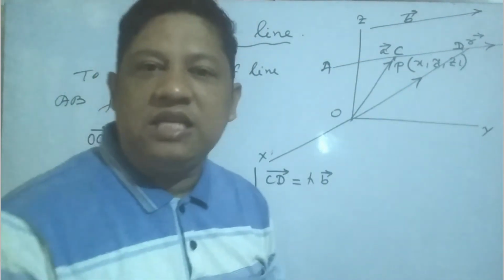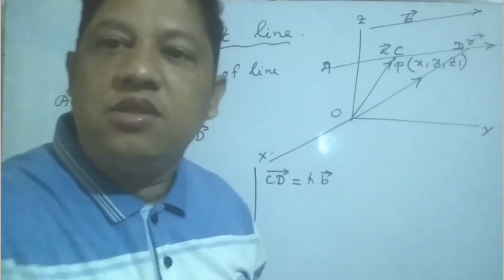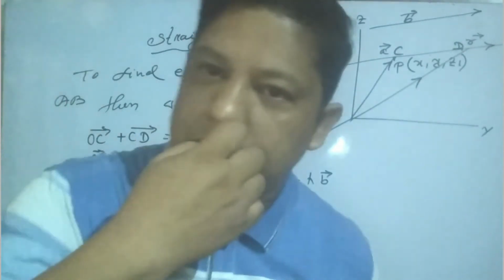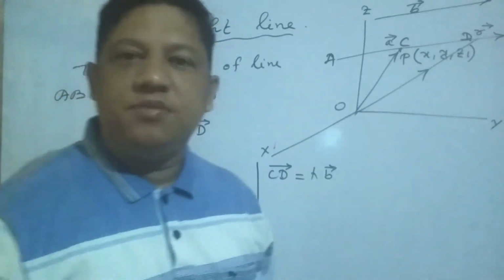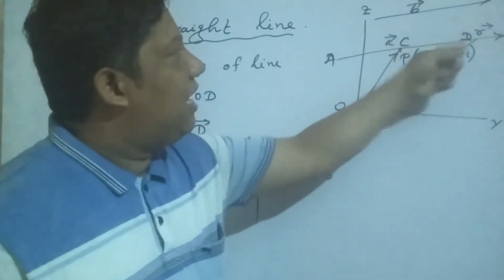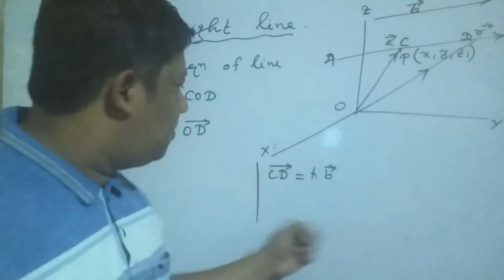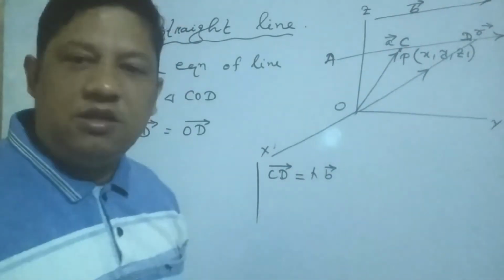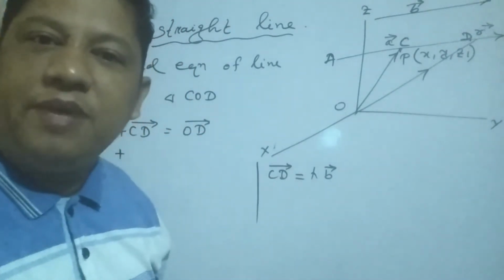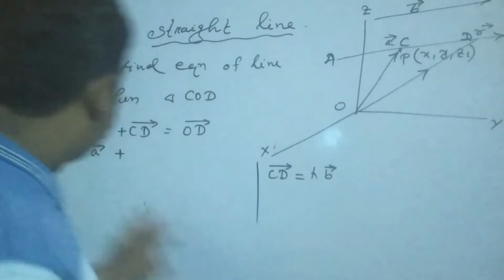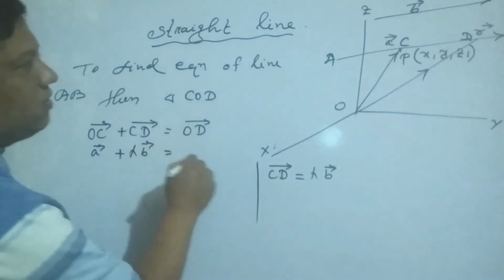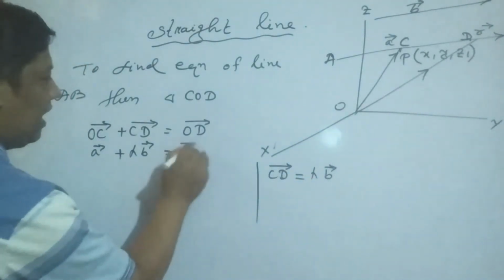Since the CD line is parallel to B vector, CD vector will be lambda into B, because if one vector is parallel to another, then it is of the form A equals lambda B. So I have lambda B vector plus A equals OD vector, and OD vector is represented by R vector.